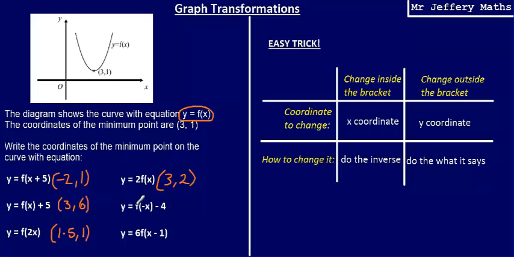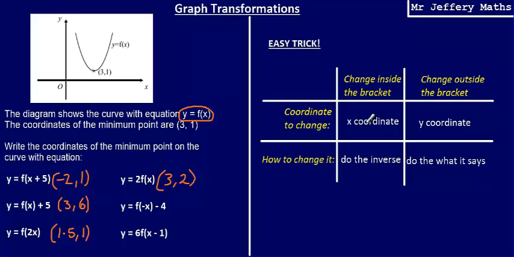Next one, we've got y equals f of negative x minus 4. So here we've got two changes. Okay, we've got a change inside the bracket and a change outside the bracket. That means we're going to have to change both of our coordinates. Very simple to do. All we have to do is just do one thing at a time, and that will give us our right answer. So first thing, let's take a look at inside the bracket.